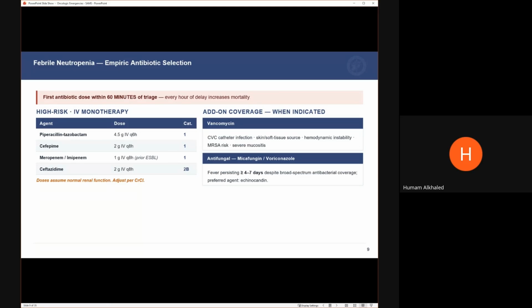Otherwise, your patients do not need vancomycin, and multiple studies have shown empiric vancomycin plus anti-pseudomonal coverage is not any better than anti-pseudomonal coverage alone if they do not have these criteria.